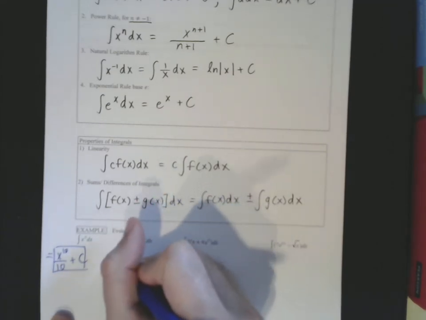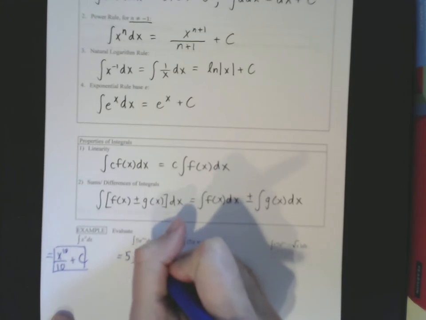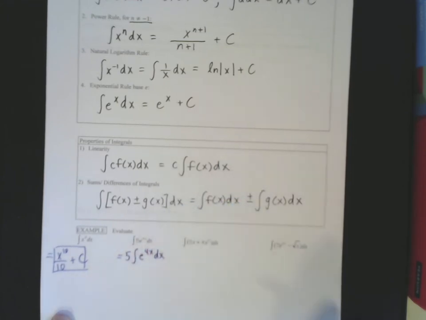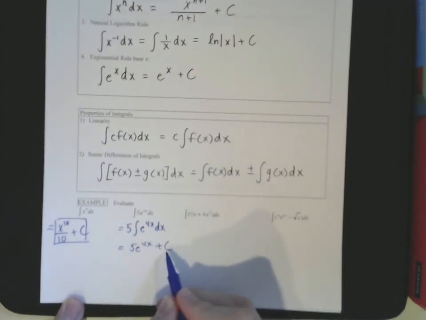For this integral, we're going to pull out the 5 using linearity, 5 times the integral of e to the 4x dx. And then e to the 4x should be e to the 4x, 5e to the 4x, plus c. And then you can always check how much you're off by taking the derivative again.